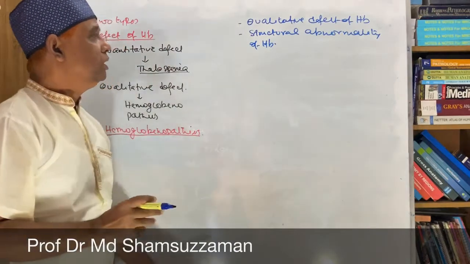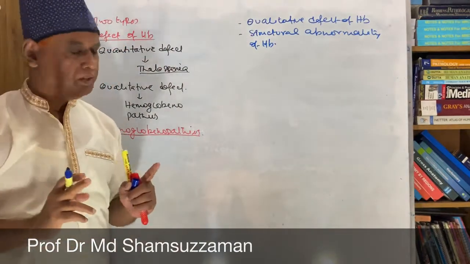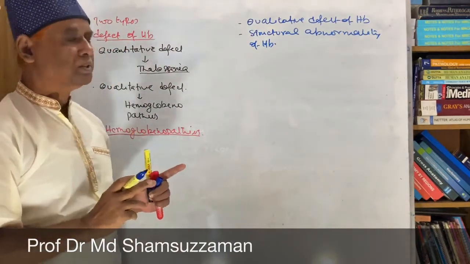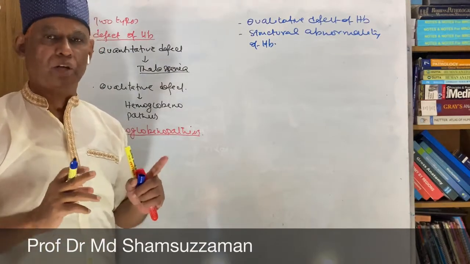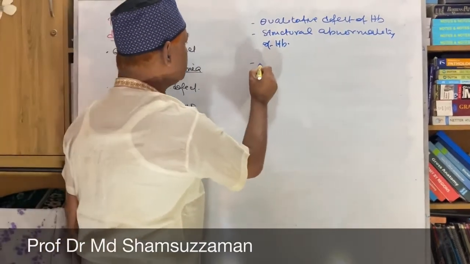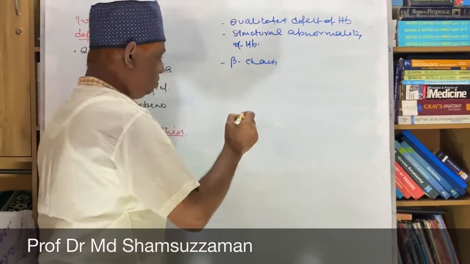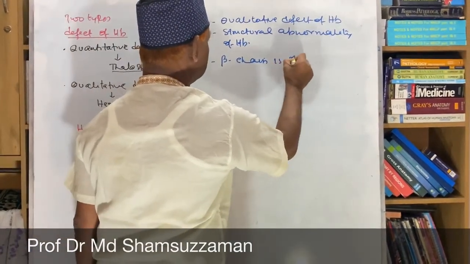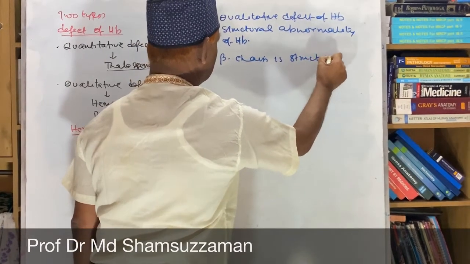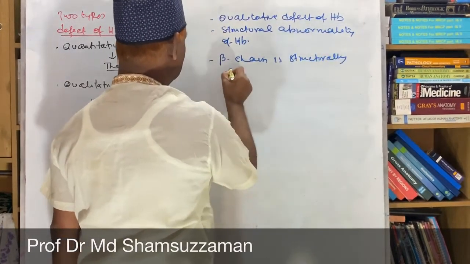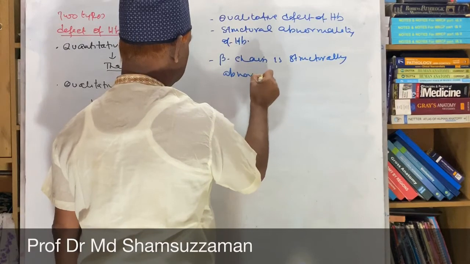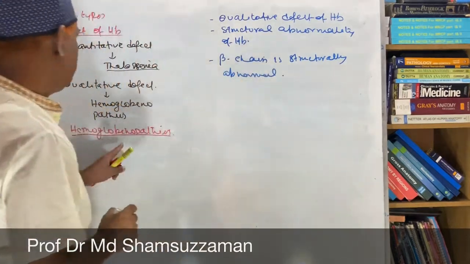And you know, hemoglobin has two types of polypeptide chains. In hemoglobinopathies, the beta chain is structurally abnormal. So this is hemoglobinopathies.